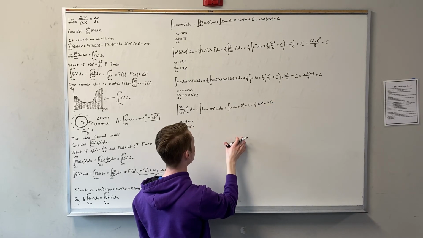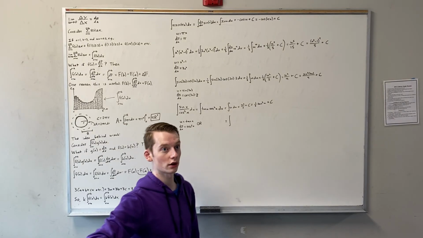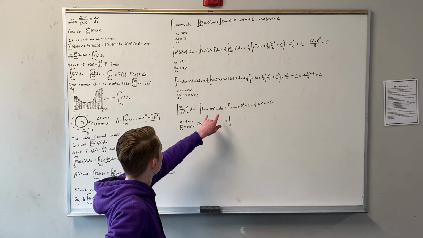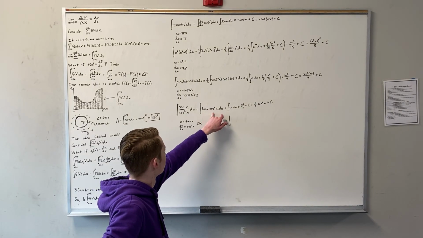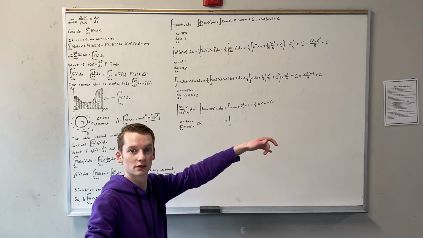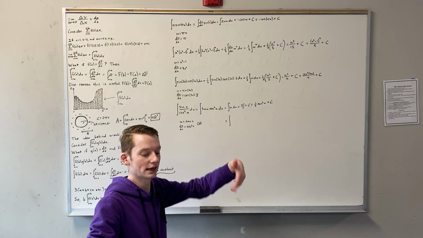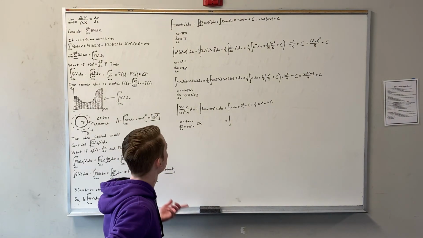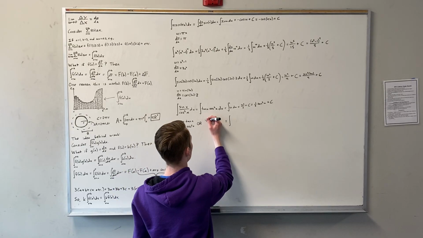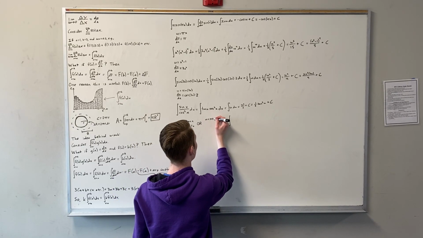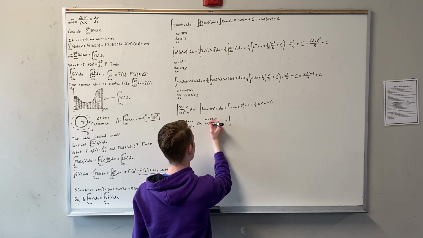Now, another way you could do this, you may also see from here, you've got tangent x times secant x, and then you've got times secant x. The derivative of secant x is secant tangent. So I could also say u equals secant x, and then my du dx is secant x tangent x.